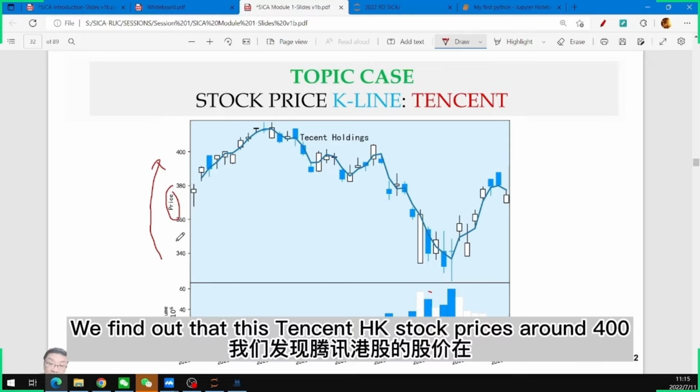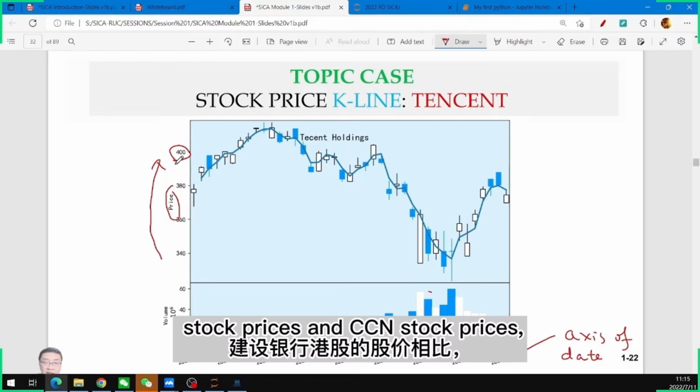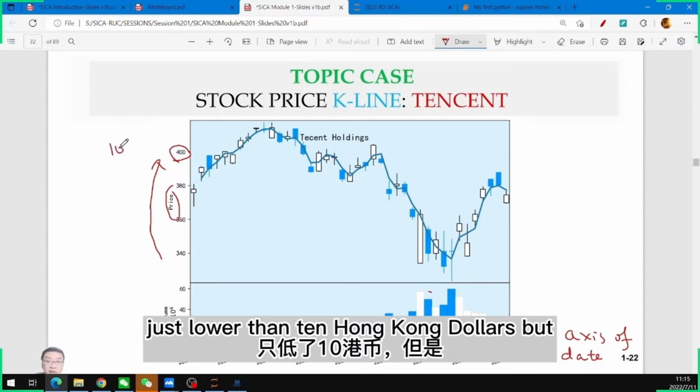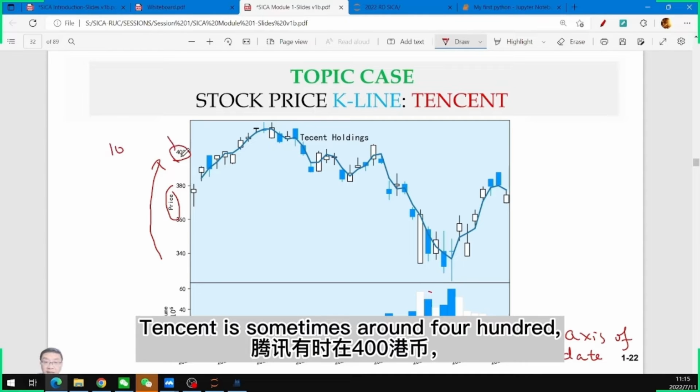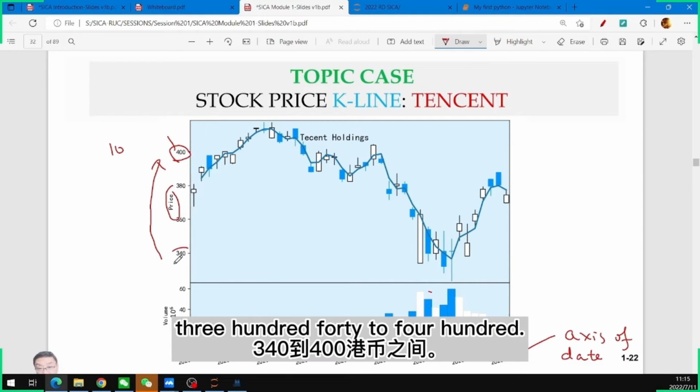We find out that this Tengxun HK stock price is around 400 Hong Kong dollars, compared to the previous ICBC HK stock price and CCB stock price, just lower than 10 Hong Kong dollars. But Tengxun is sometimes around 400, 300, 340 to 400.